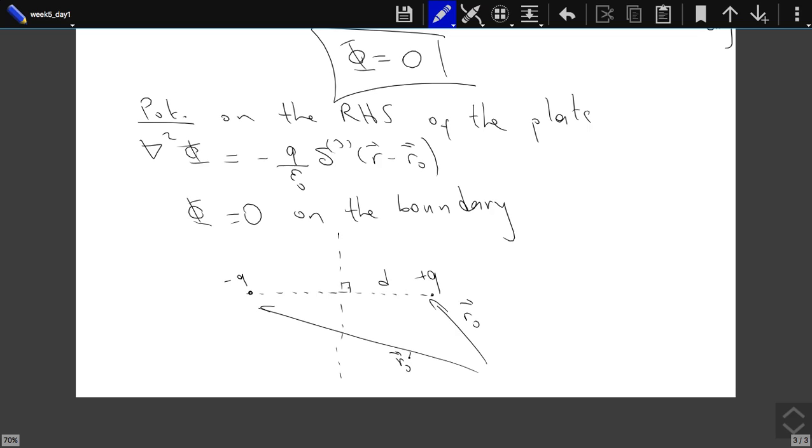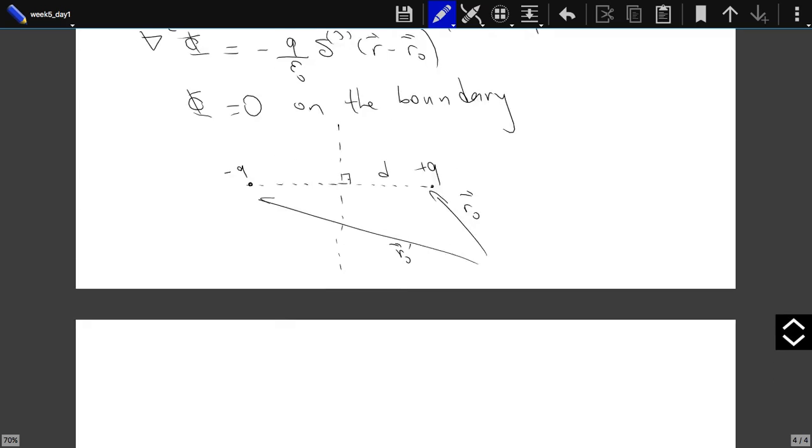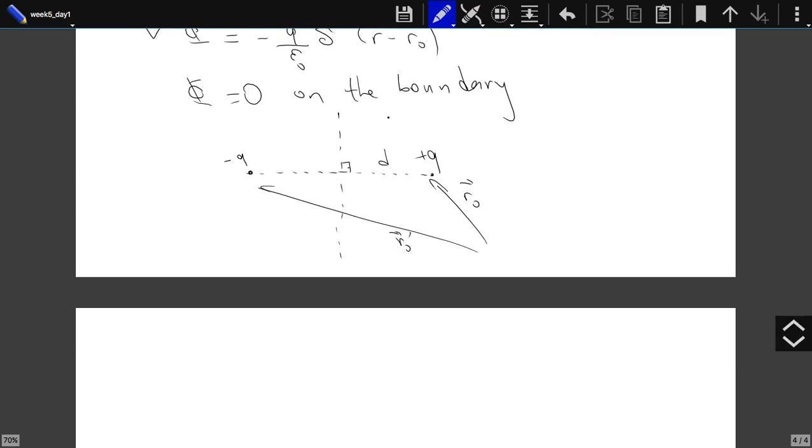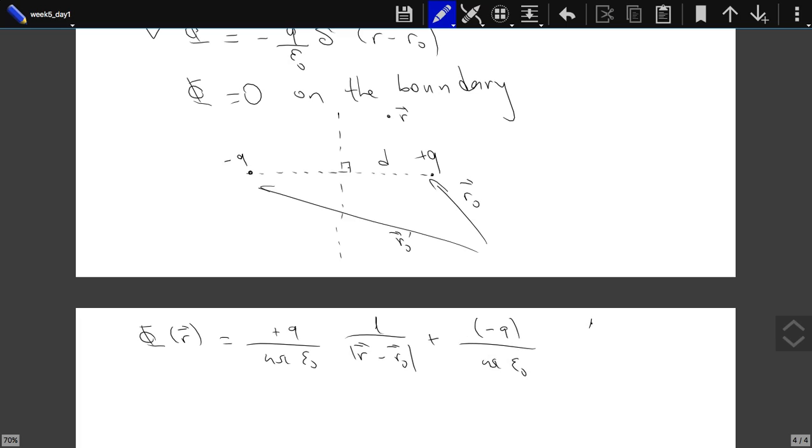I have two charges. I'm just creating a dipole. And the potential created at the point R would be plus Q over 4 pi epsilon 0, 1 over |R minus R0|, plus minus Q over 4 pi epsilon 0, 1 over |R minus R0 prime|. It's just two charges. I add their potentials.